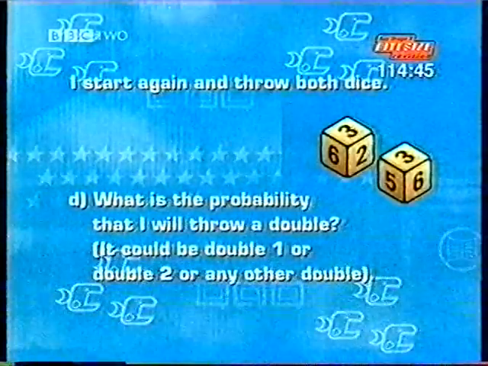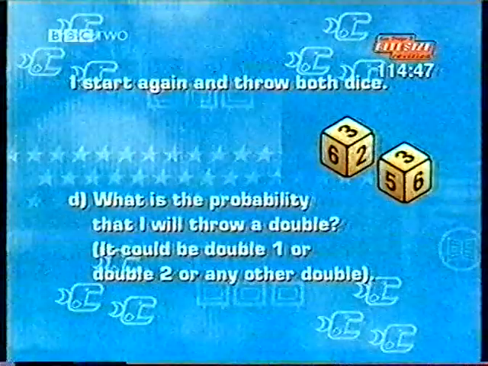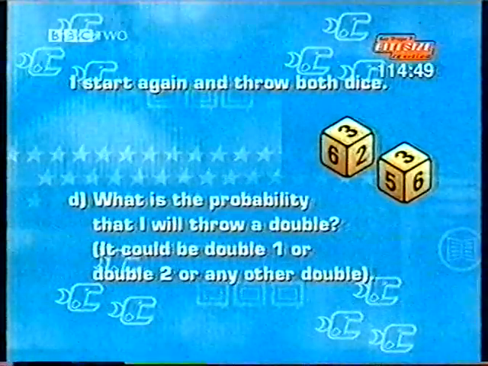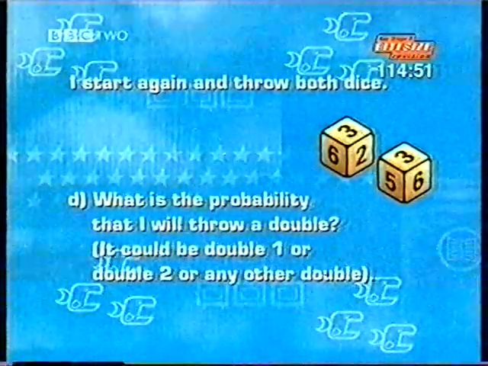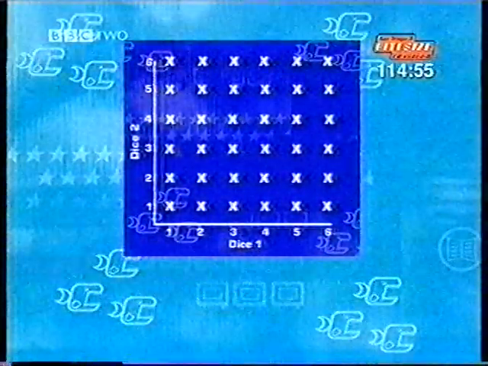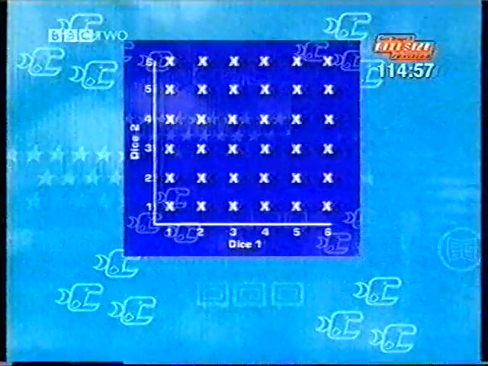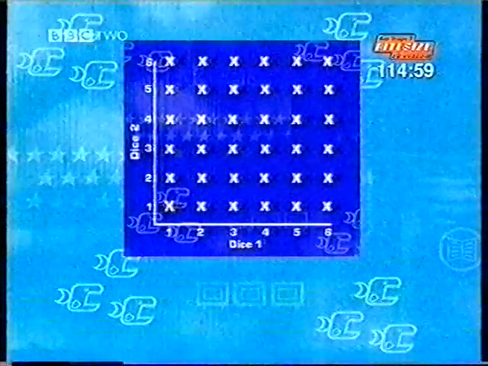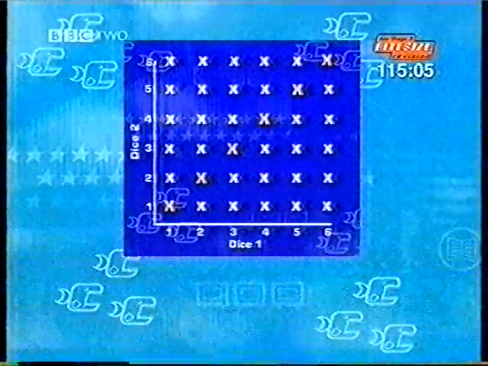The final part asks, what is the probability that I will throw any double using the 2 dice? Using our probability space diagram, the favourable outcomes of throwing a double are a 1 and a 1, a 2 and a 2, and so on up to a 6 and a 6.